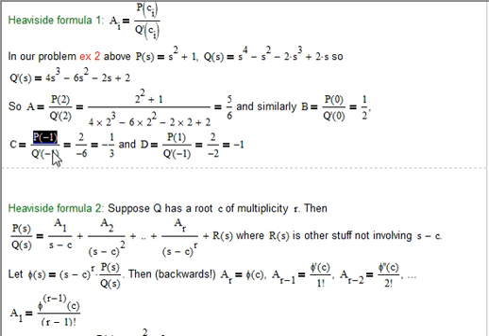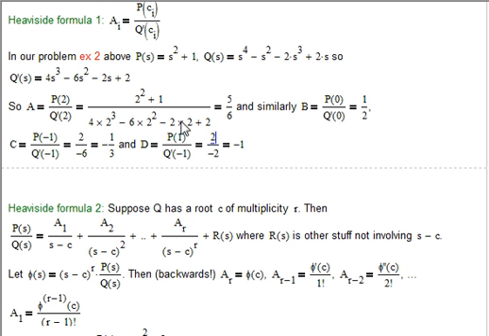C is P of -1 over Q prime of -1. Well, P of -1 is 2, because -1 squared is still 1. And Q prime of -1 is -4 minus 6 minus 10 plus 4, which would be -6. So it's 2 over -6, so -1/3. And D is P of 1 over Q prime of 1.